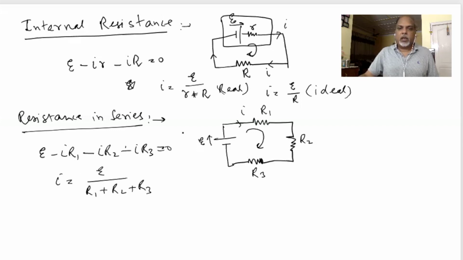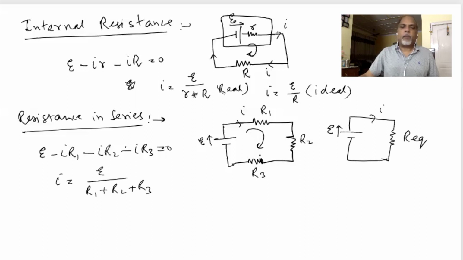Correct? Now suppose you have an equivalent resistance instead of these three, then I must be equal to E upon R equivalent.